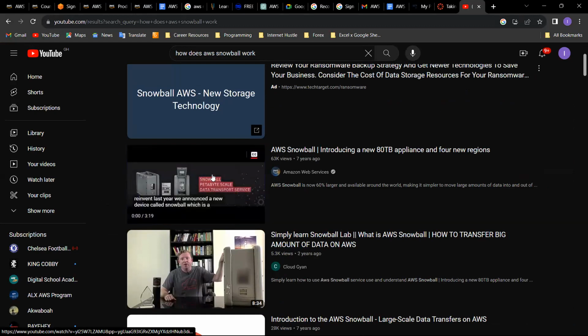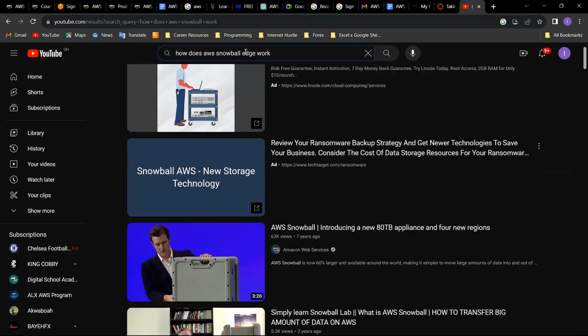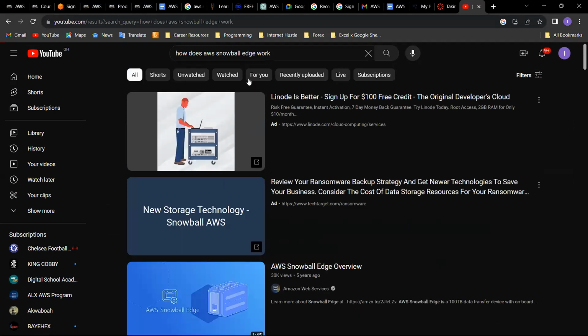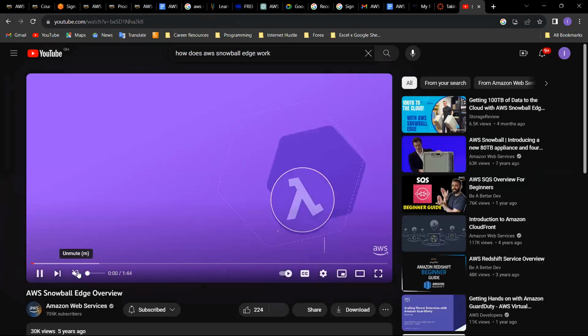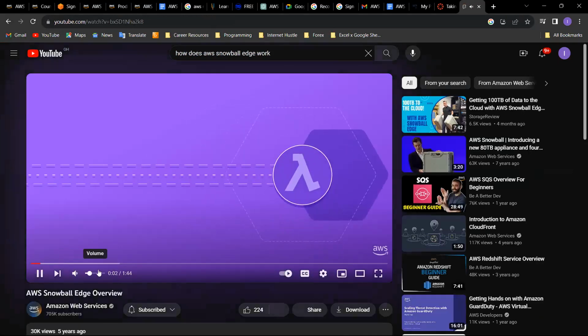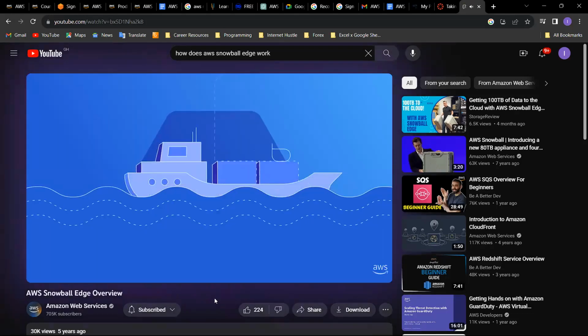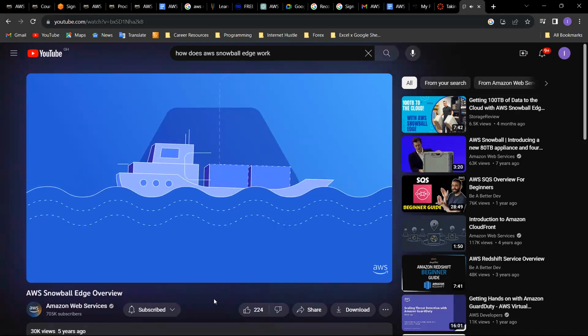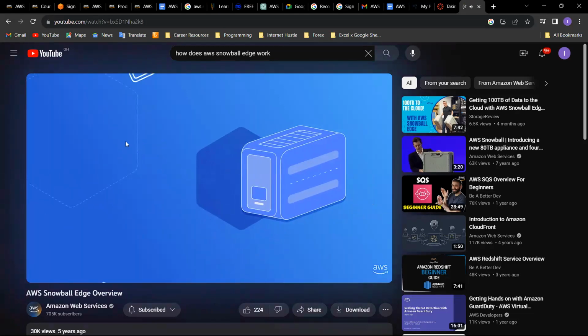Edge or at the edge. Okay, I think the first one is okay. 7 years ago. We don't hear audio.